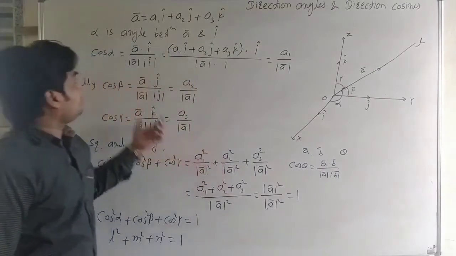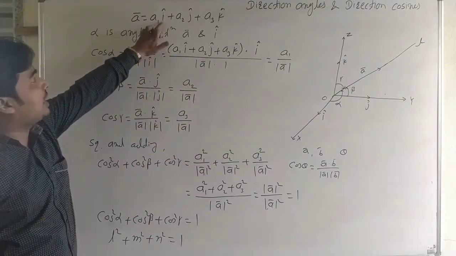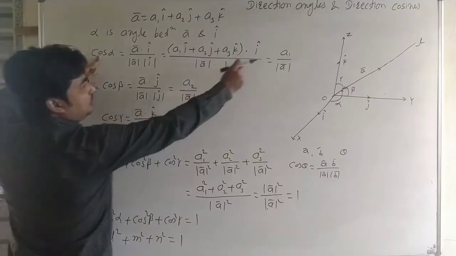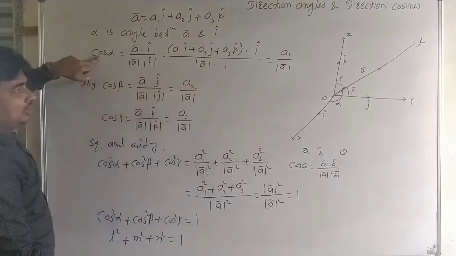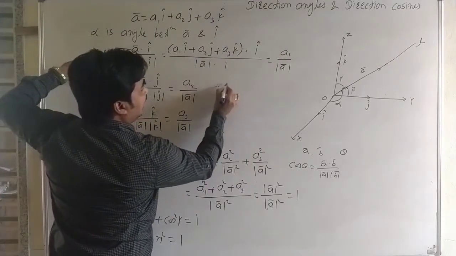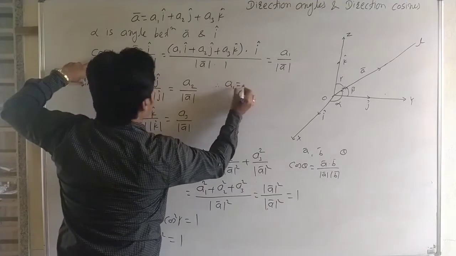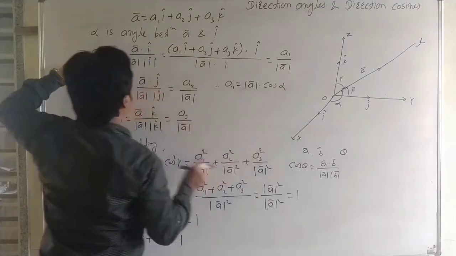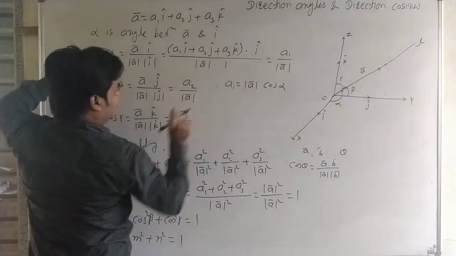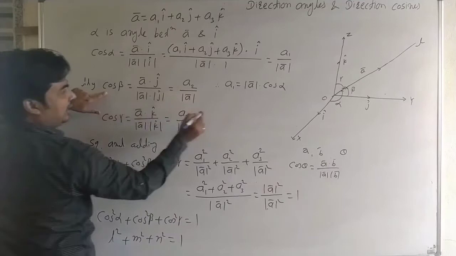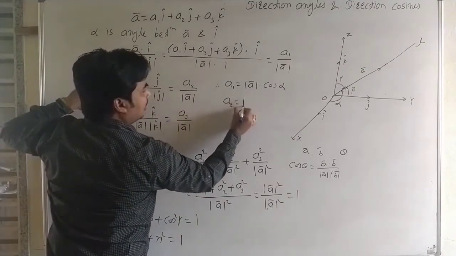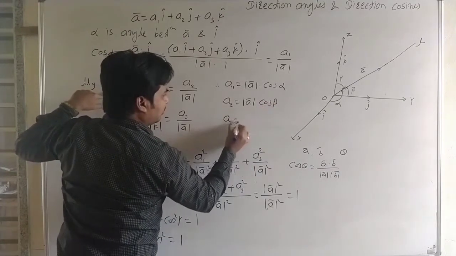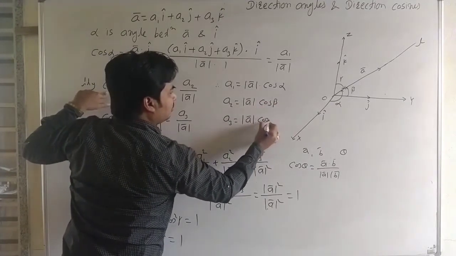Now the vector a bar is equal to a1 i cap plus a2 j cap plus a3 k cap. From this, cos alpha is equal to a1 upon magnitude of a bar. Therefore we can write a1 is equal to magnitude of a bar into cos alpha, a2 is equal to magnitude of a bar into cos beta, and a3 is equal to magnitude of a bar into cos gamma.